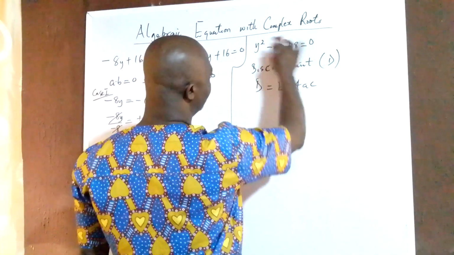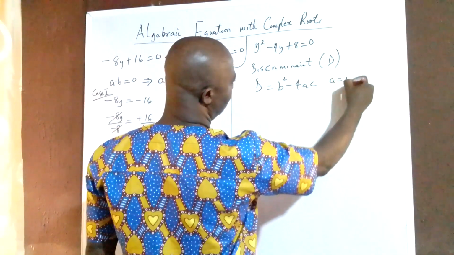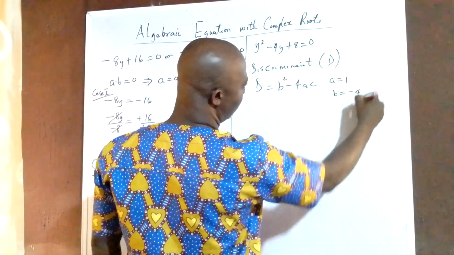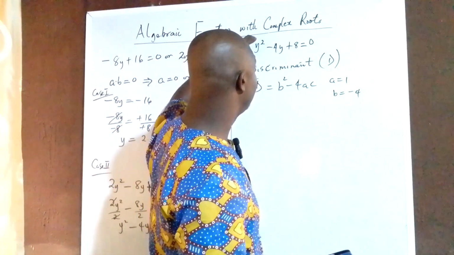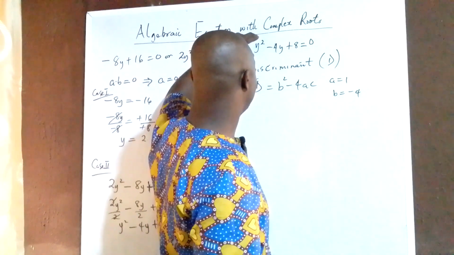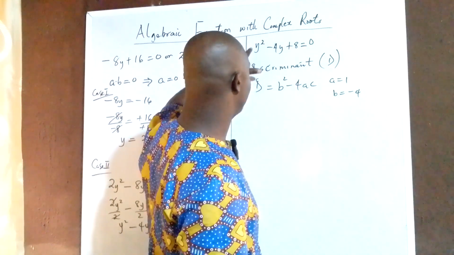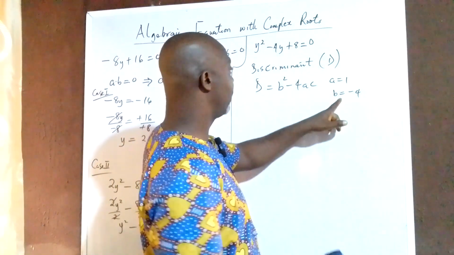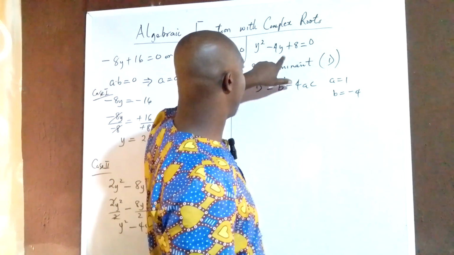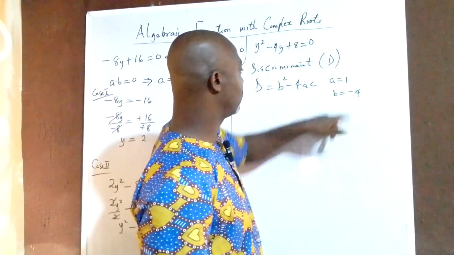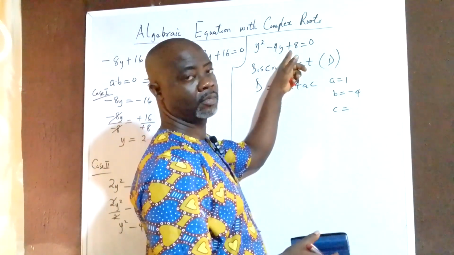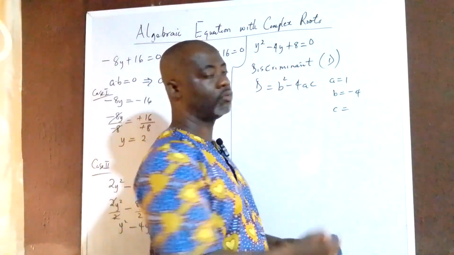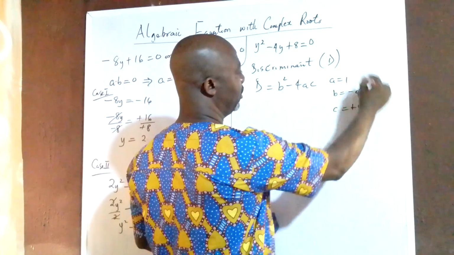And then of course from this equation, a is 1, b is minus 4, and c is 8. The value of a will be the coefficient of y squared, and in this case the coefficient of y squared is 1. The value of b will be the coefficient of y, which is minus 4. And c will be the constant term, which in this case is plus 8.